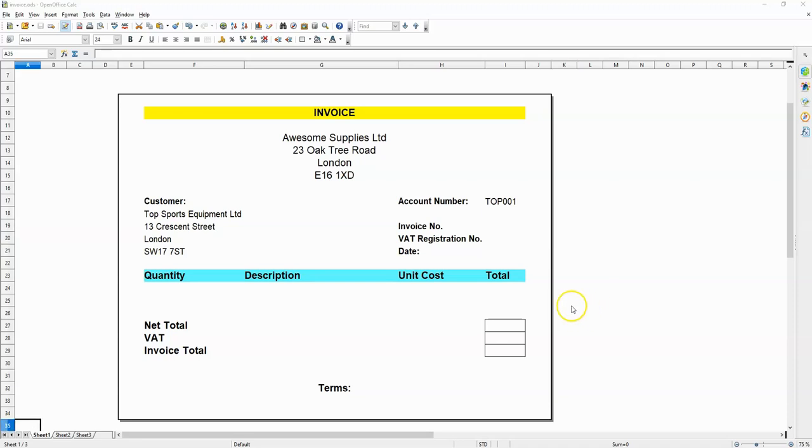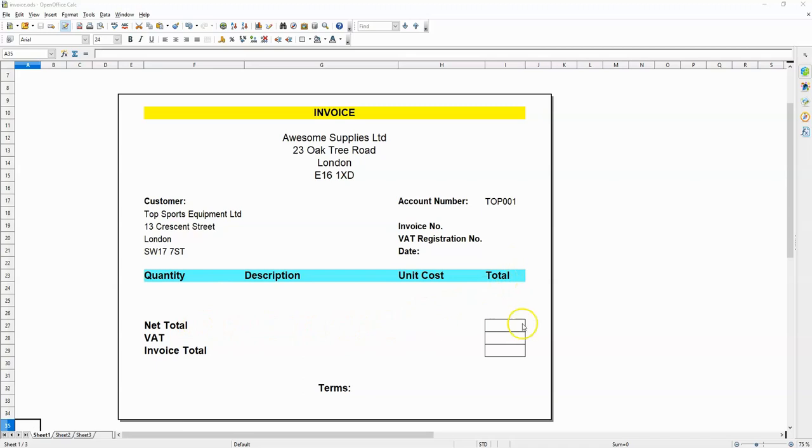Moving on, there are other details that an invoice should contain. The description of what you're selling, the quantity of what you're selling, the unit cost of what you're selling, and the total, which is going to be the quantity multiplied by the unit cost. There are other things that need to be filled out.